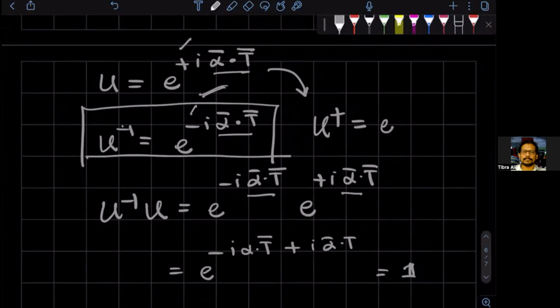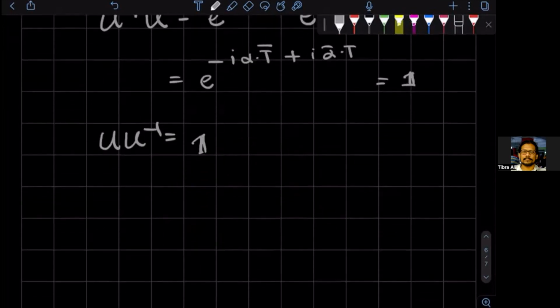So the i becomes minus i because it's just a number. Alpha is a set of 3 real numbers, so that doesn't change. T is a set of 3 matrices. They become Hermitian conjugated, right? So now U inverse must be equal to U dagger. So if I compare this thing with this thing, we see that the generators T must be Hermitian matrices.